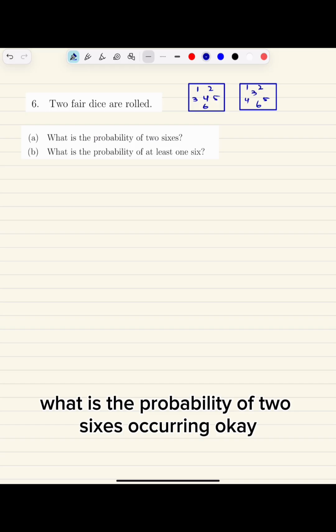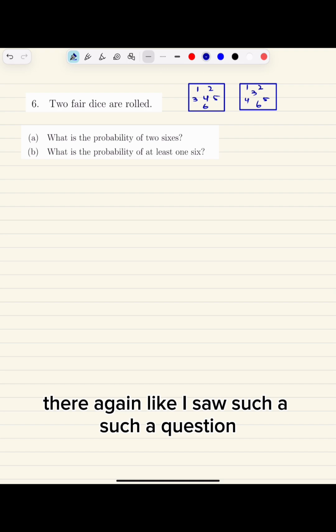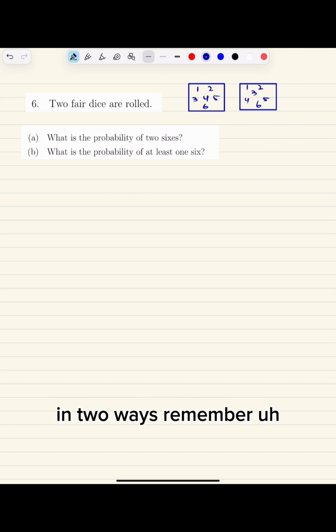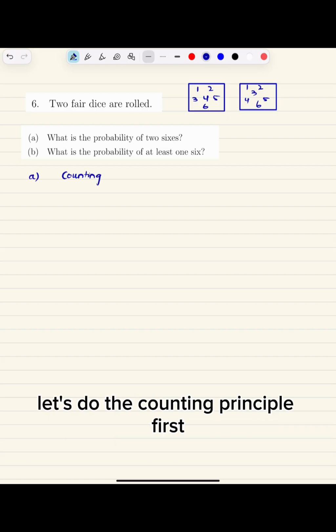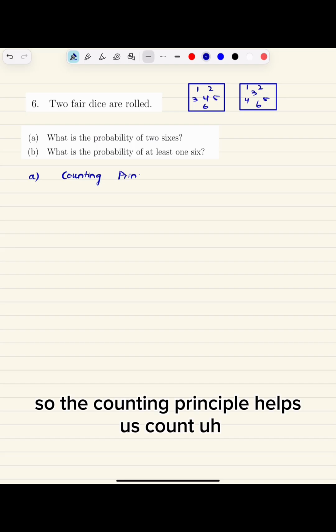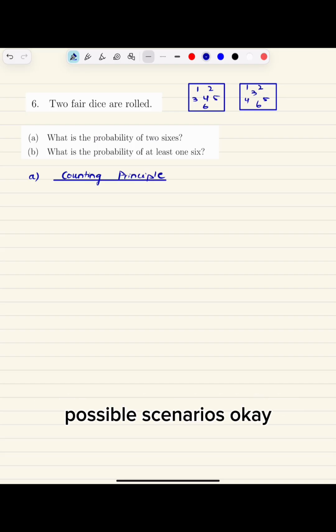What is the probability of 2 sixes occurring? I solved such a question in 2 ways, remember. One, we can use the counting principle. Let's revise that. The counting principle helps us count possible scenarios.